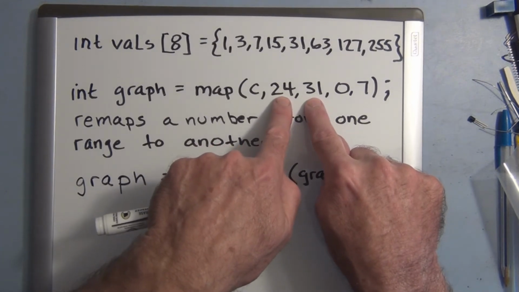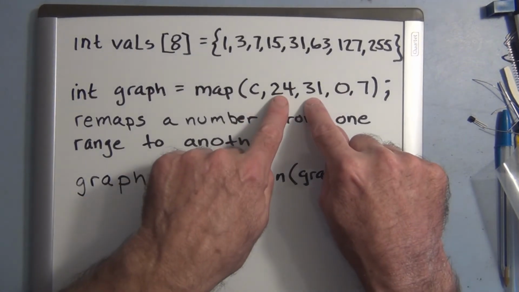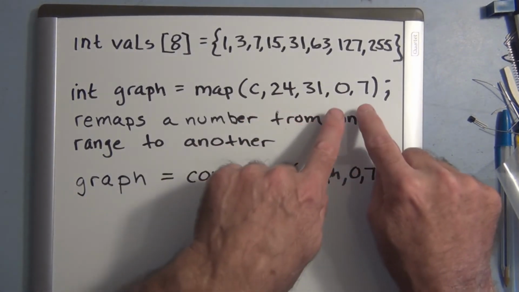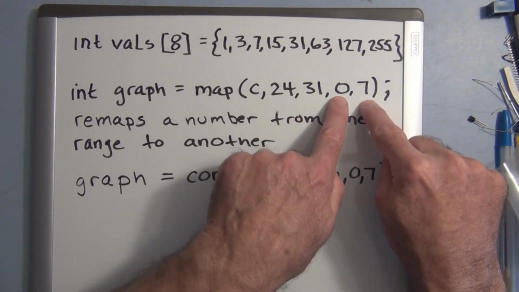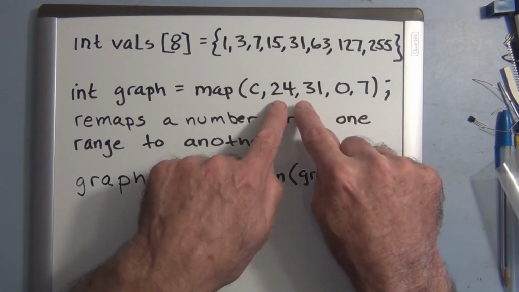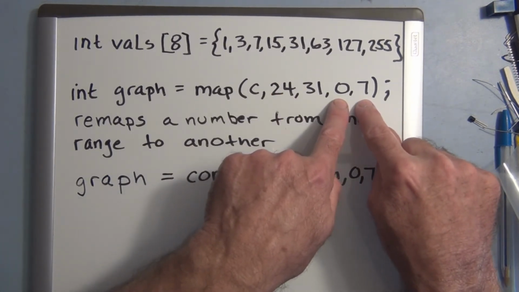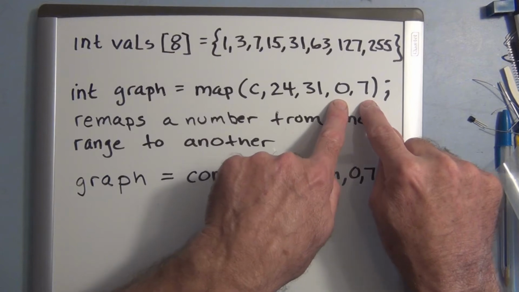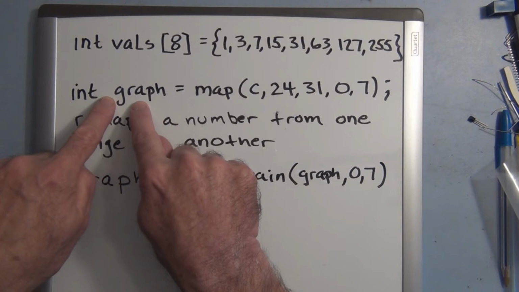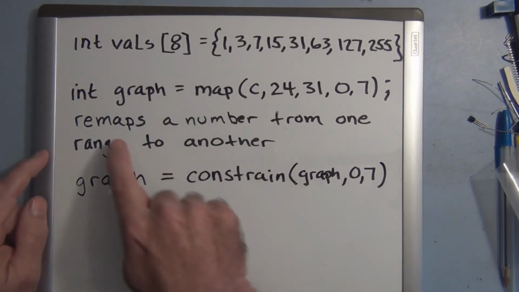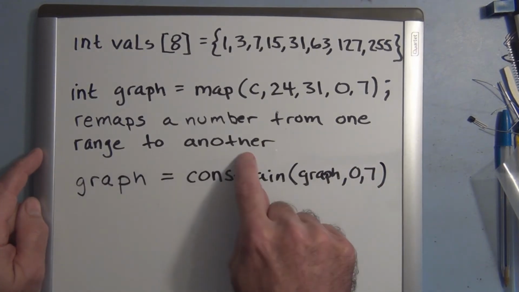That's the range we're only interested in. We're going to take this range from 24 to 31 and change it to 0 to 7. So the temperatures from 24 to 31 are going to get changed to a range of 0 to 7, and that's going to be stored in the variable graph. So map remaps a number from one range to another.